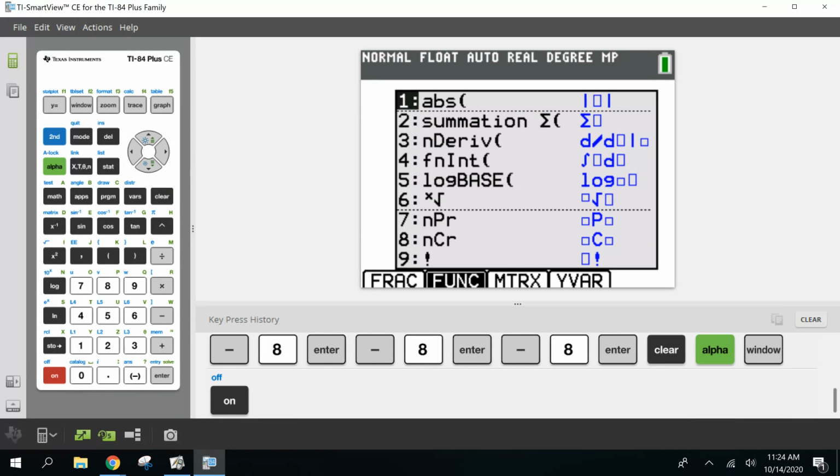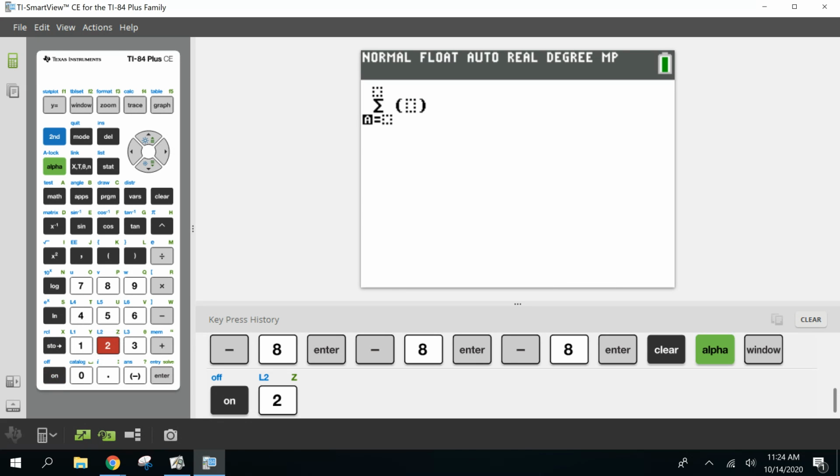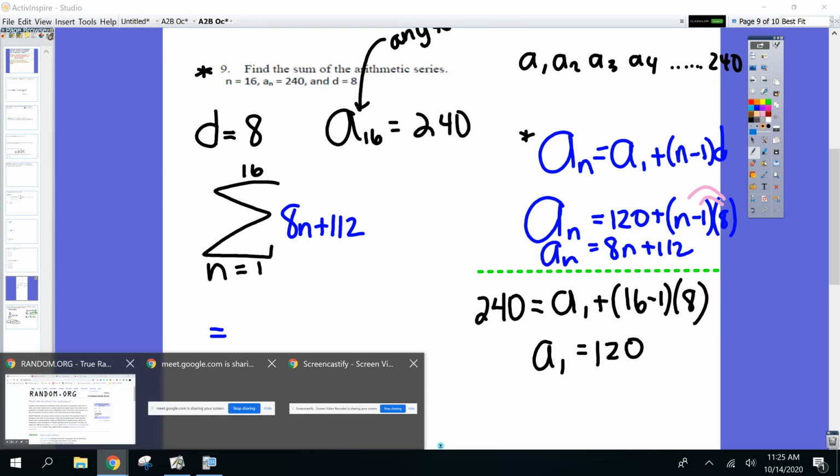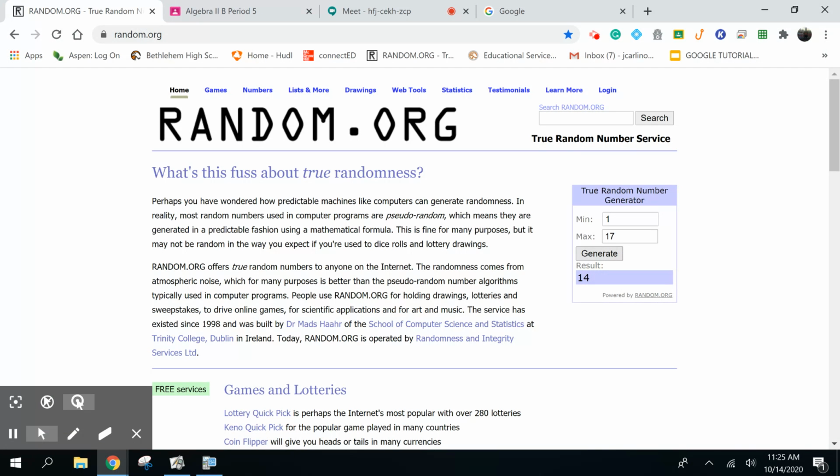Number 2. There we go. And all I have to do is plug in the variables and the numbers. And it'll tell me what all these numbers added up will be. And if you don't have a calculator, you can use your Chromebook calculator. It's got it on there.